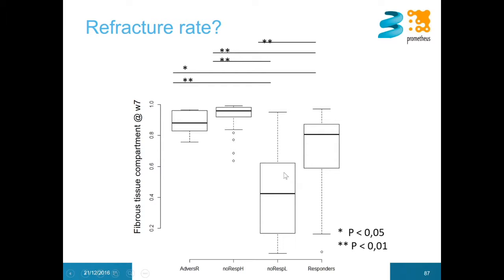The patients that were healing even without treatment have a relatively low fibrous tissue compartment, meaning that when there is healing of the bone, it is mostly composed of bone. So the refracture risk is relatively low. But when you have responders, so patients that would normally not heal but have healed in response to the BMP treatment, you see that they have a lot of fibrous tissue still present, so the refracture risk is quite substantial.